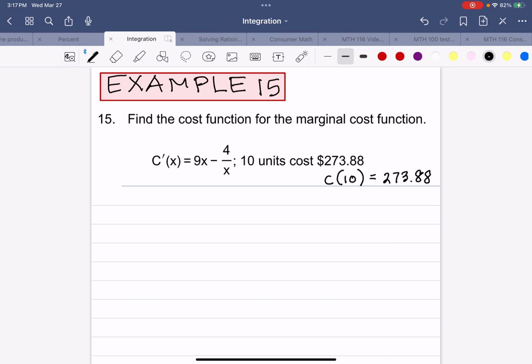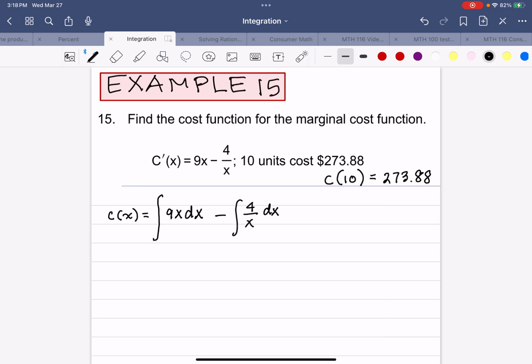We'll need that when we get to the end after we've found C of x. So our C of x is going to be the integral of that marginal cost function. So the integral of 9x dx minus the integral of 4 over x dx.